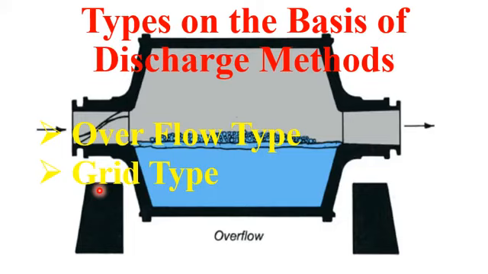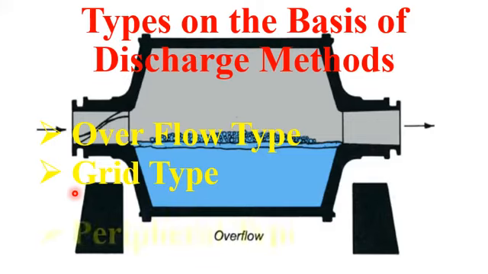So in grid type ball mill apparatus, the final product is discharged through grid plates. Okay, there are grid plates present in the ball mill apparatus. When the product is converted into an ore or into a final product or into a fine material, it is then removed from the ball mill machine through a grid plate.